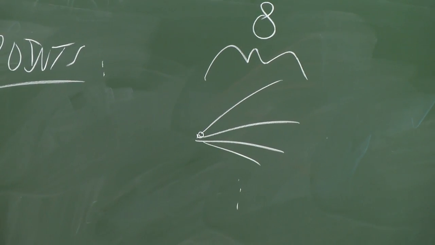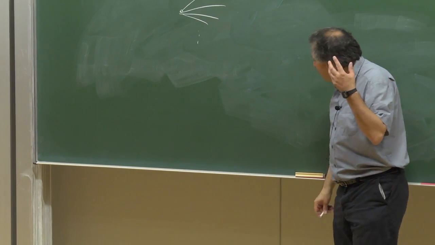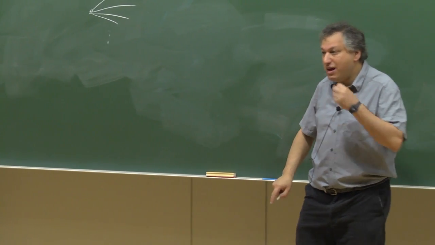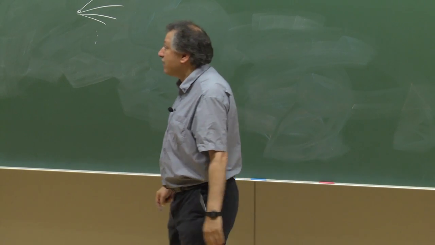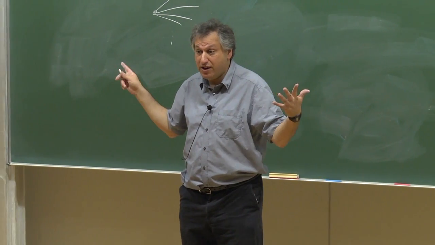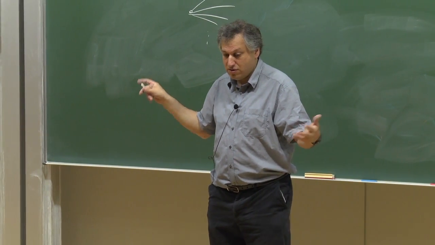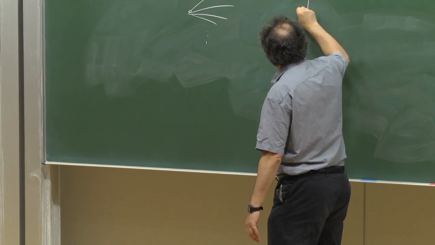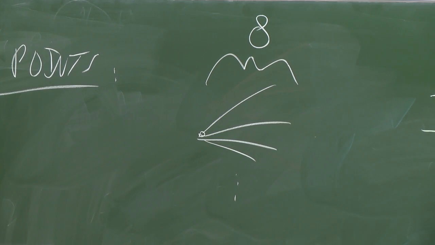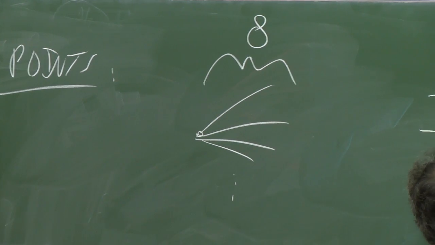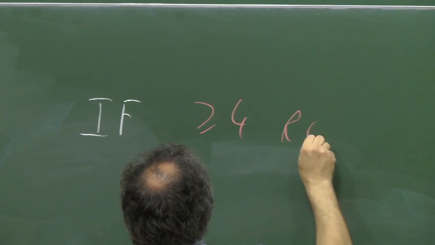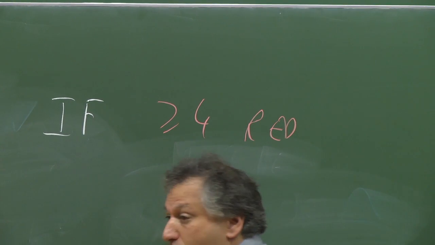Okay, what do we know? We know, from what I just erased from the board, that if we're lucky enough to have at least 4 red lines, we're done. Agreed? So if at least 4 red, then we're done, aren't we?